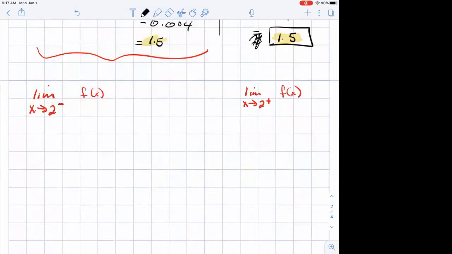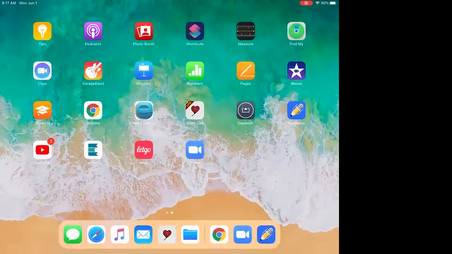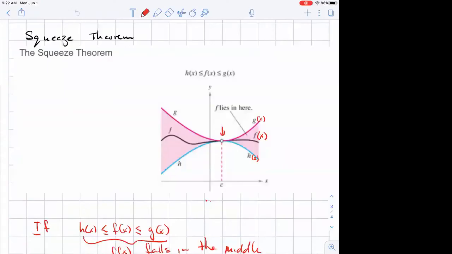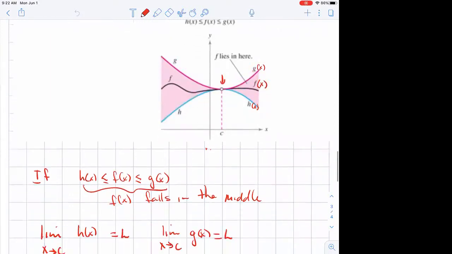So if we look at the squeeze theorem, if we have these three graphs here, g of x, f of x, and h of x, and if f is between h and g, and if we're looking at the limit at some point c, now notice at the point c, all three of these graphs reach the same point, right?